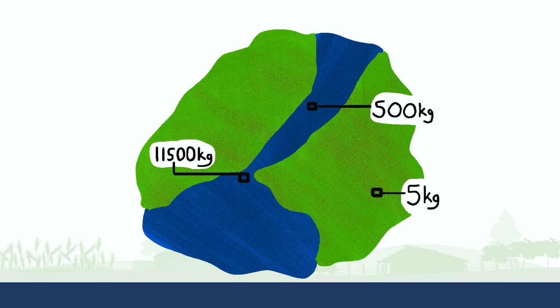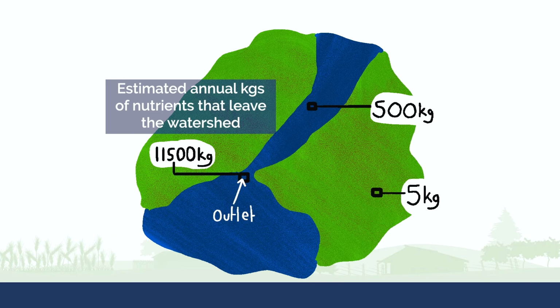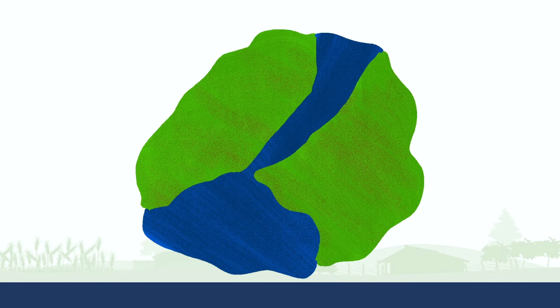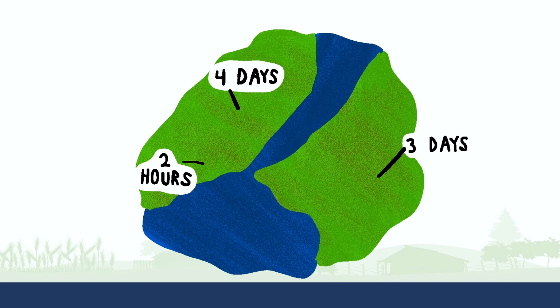If you view the pixel of the watershed outlet, this is where the nutrients eventually leave the watershed, and you can estimate on an annual basis how many kilograms are doing so. PhosFinder also generates a raster map of travel time estimates, predictions of how long it will take for nutrients to travel from any location in your watershed to the outlet after a 2-year 24-hour precipitation event.